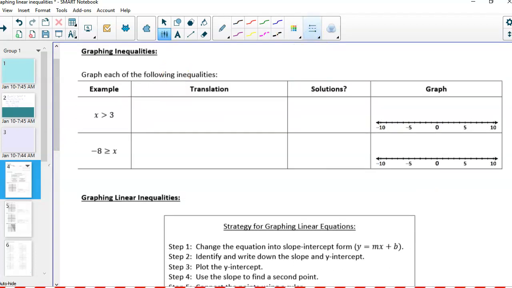And today we're going to graph these inequalities, not just how we were doing the other day, but actually on a graph. So first let's go back to the simpler ones. How would you read this? X is greater than 3.